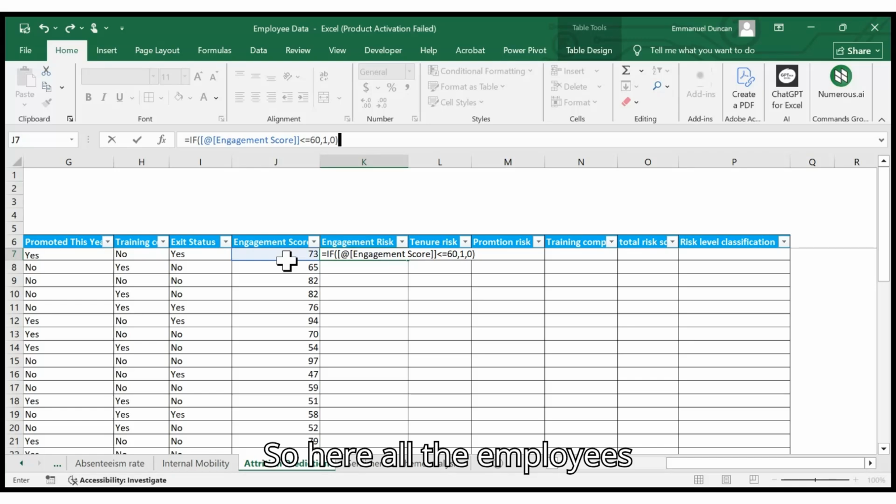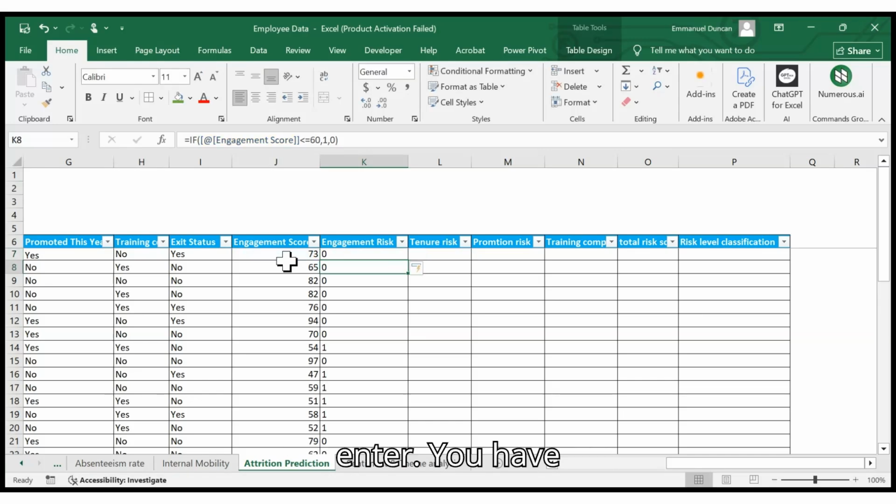So here, all the employees that scored less than 60 are going to be represented with 1. And those that scored above 70 will be represented with 0. Then you press enter.